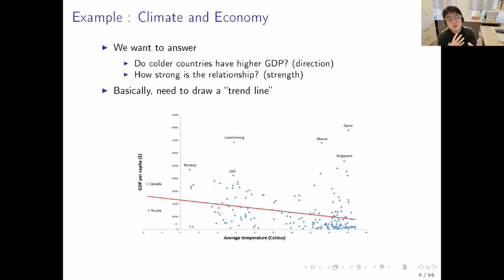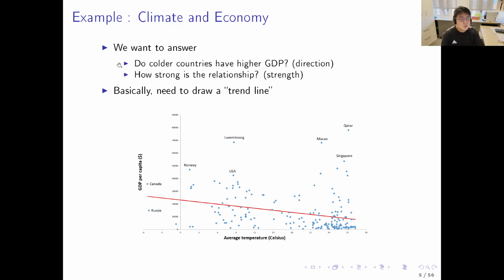The colder, the higher GDP per capita or not? That is a direction. And second, how strong is the relationship? Are these two variables related to each other strongly or not much? So these are our two main questions in terms of the relationship of these two variables.